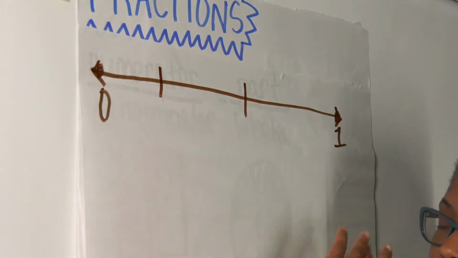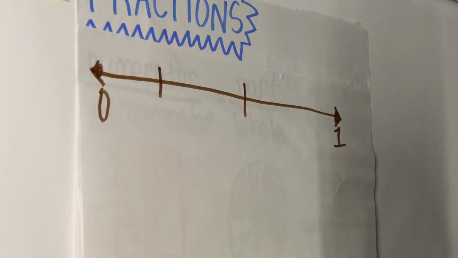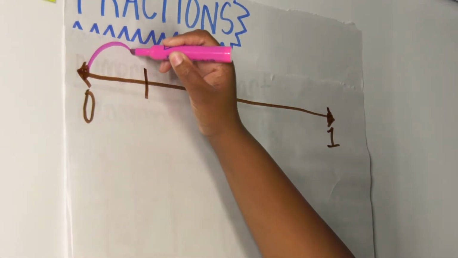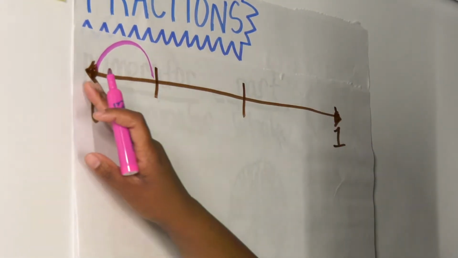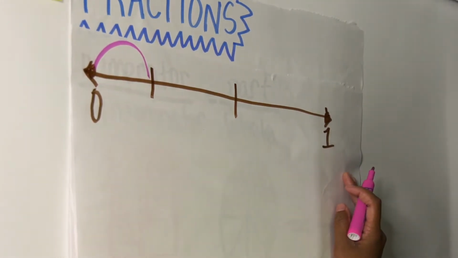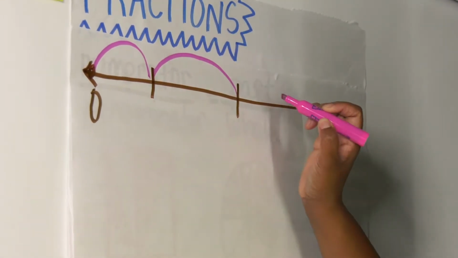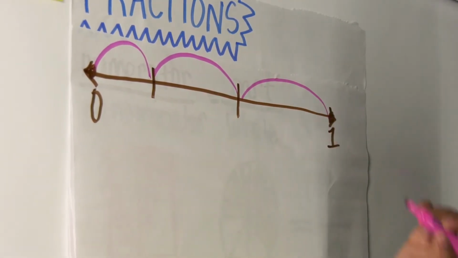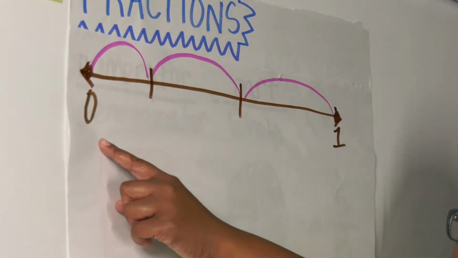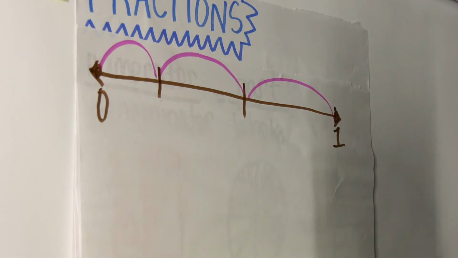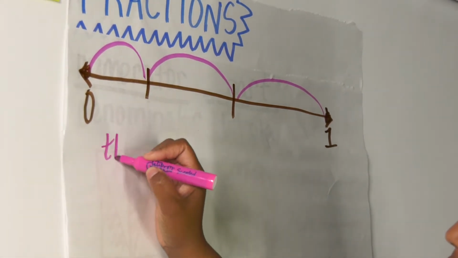What fraction is this number line representing? First, you have to figure out how many hops from 0 to 1 whole. So that's 1, 2, 3. So from 0 to 1 whole, you hopped 3 times. That means this fraction is in thirds.